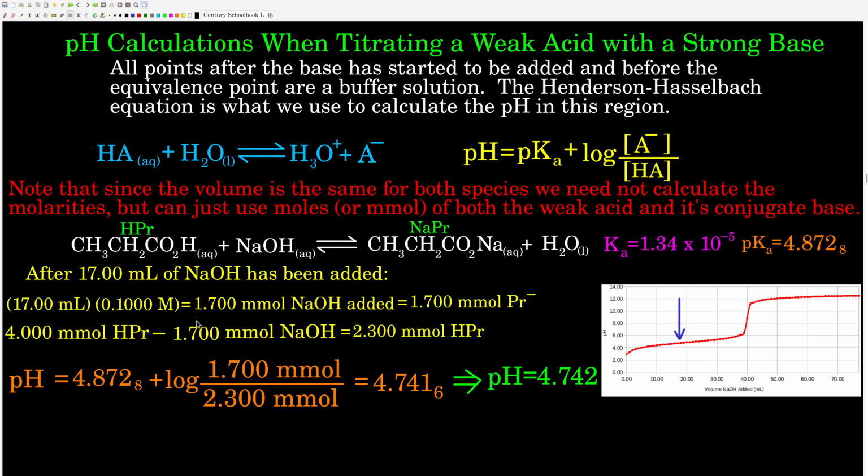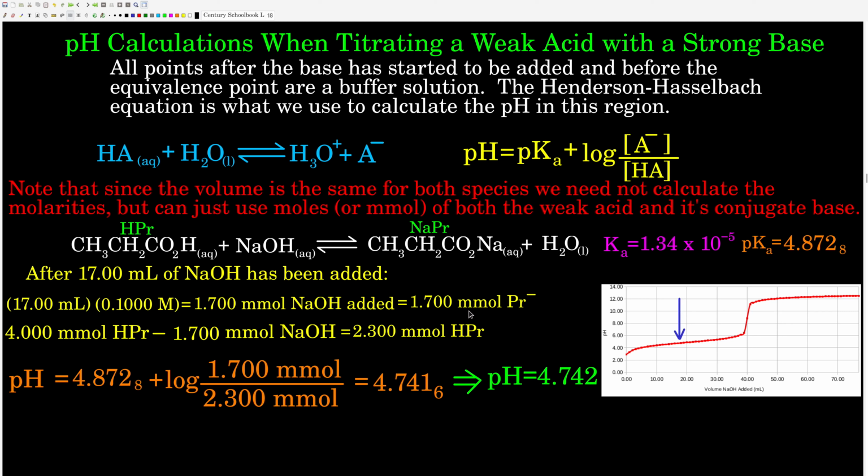We start out with 4.000 millimoles of propanoic acid, that's the 40 mils times the 0.1 moles per liter, which gives you 4 millimoles. Minus 1.700 millimoles of sodium hydroxide, because we've used up that much of the acid. So there's 4 minus 1.7, or 2.300 millimoles left.